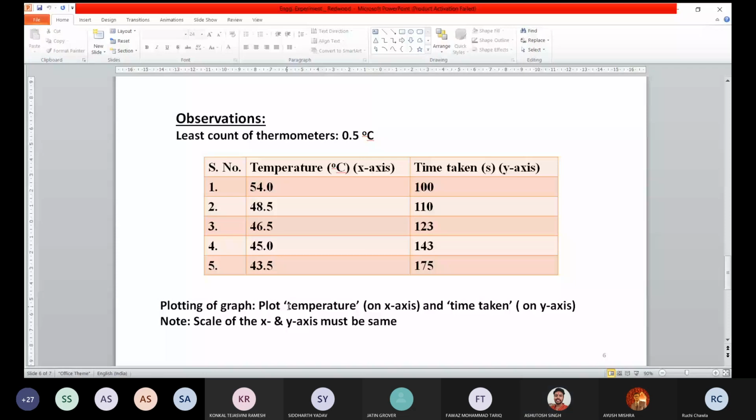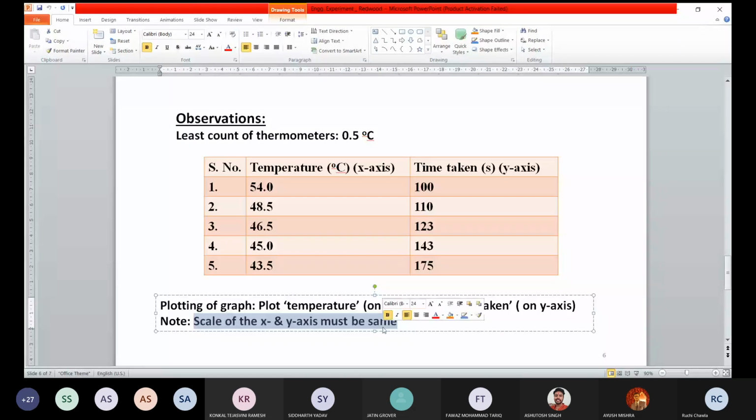Yes, ma'am. So please note down the observations from this table, and you have to plot a graph between the two quantities, temperature and time taken. And this is an instruction: take the scale for the two axes to be the same.